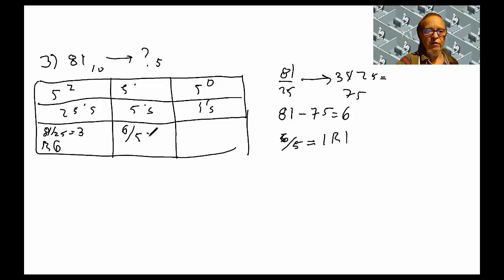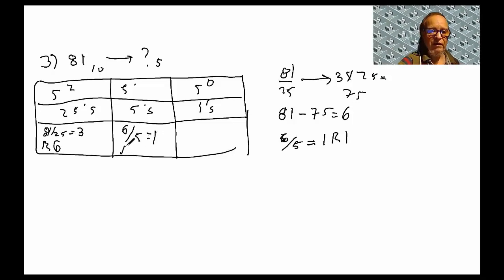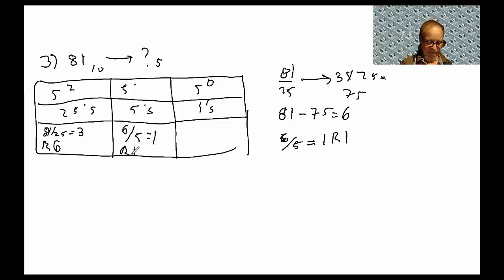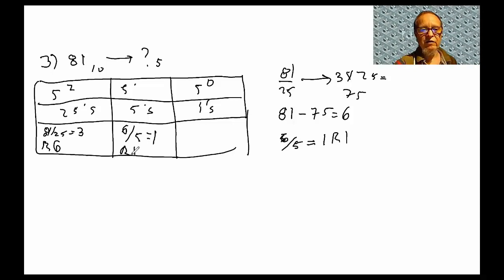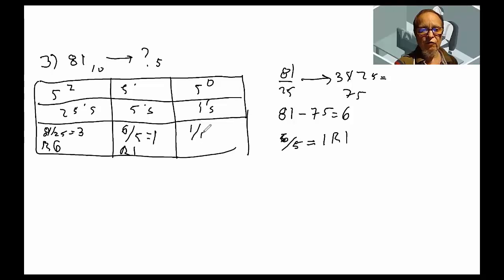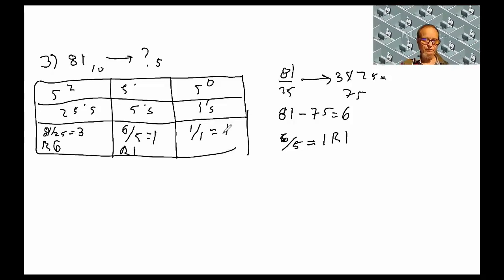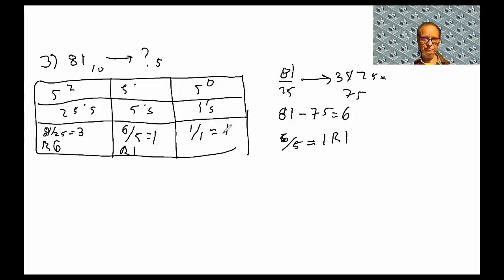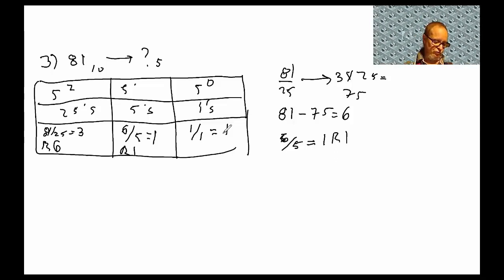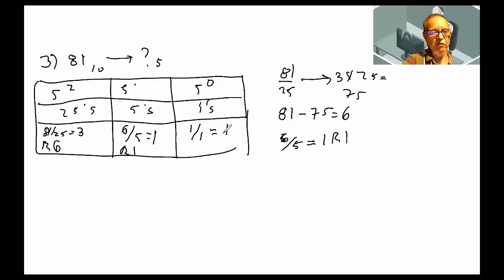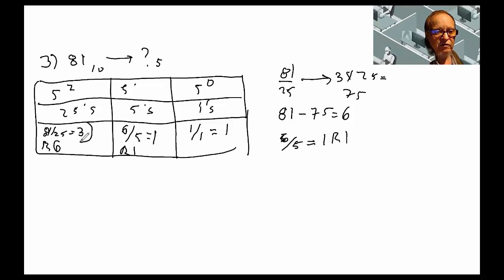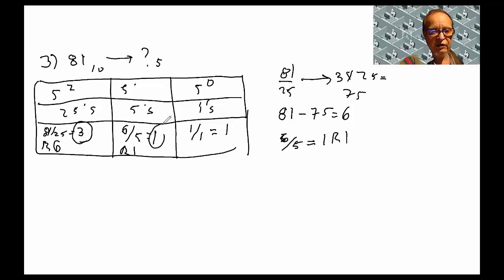So this will be 1 with a remainder of 1. And then finally, we'll have in the ones 1 over 1. Well, that will be equal to 1. Now we look at our table and we're going to look at all the whole numbers that we found.